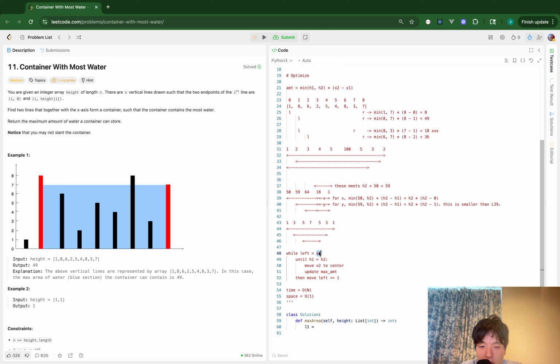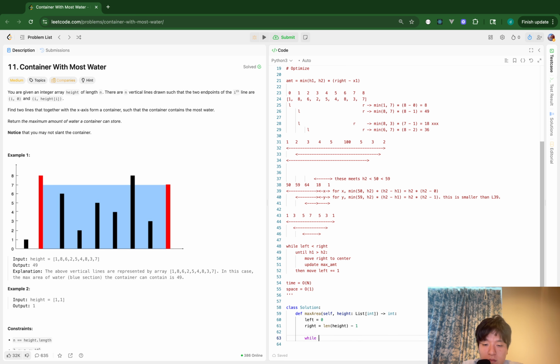Let me rename that. Oh, and the return max area is not 0.